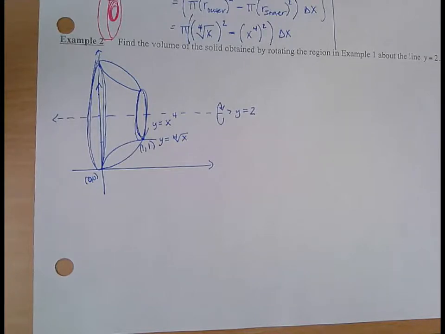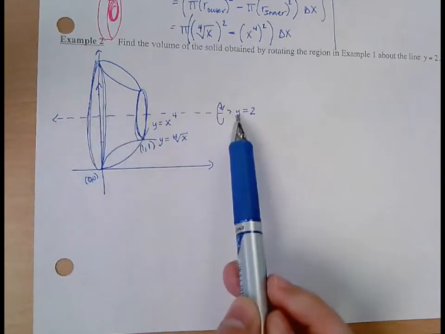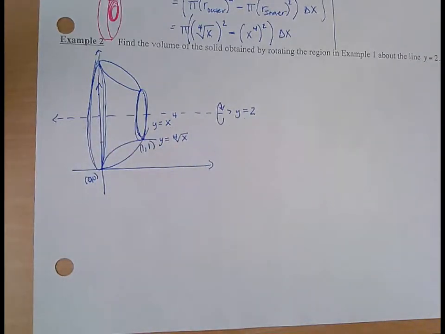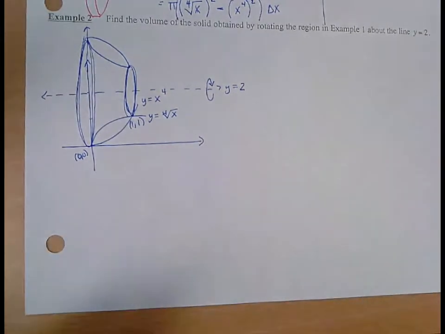Now, like I said, as long as you sketch the region and you sketch the axis it's being rotated around, you're able to find the 2 radii that you need. So you don't have to sketch this to be able to answer the question. Definitely helps. All right, so hopefully you can see why we would get a washer.